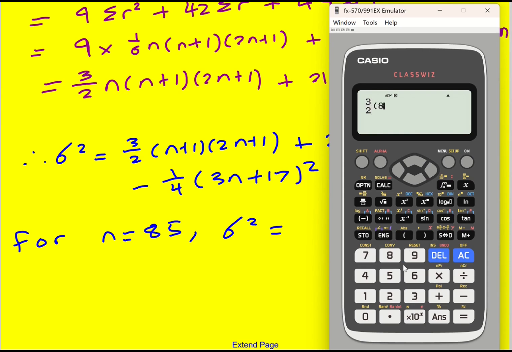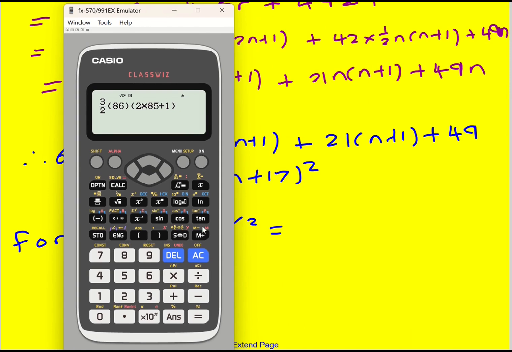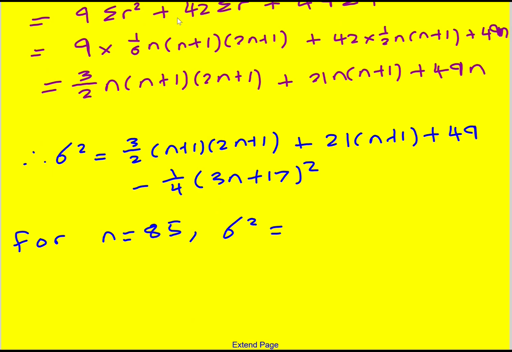So it's going to be 86, and then 2 times 85 plus 1, plus 21 times 86 plus 49, which gives 23914. So that is the mean of the squares.